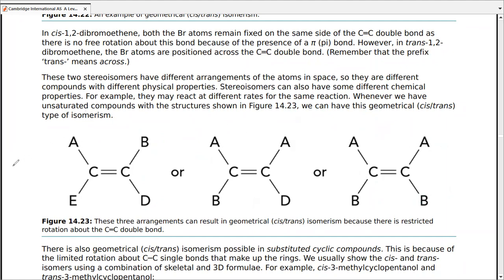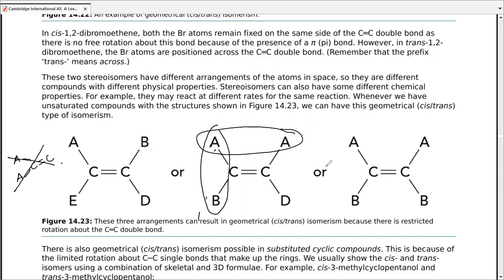Let me clearly say that this, whatever this is, I'm not even talking about the other sides, is not cis-trans isomerism. Since two same atoms cannot be present on the same side, either on the right or on the left.